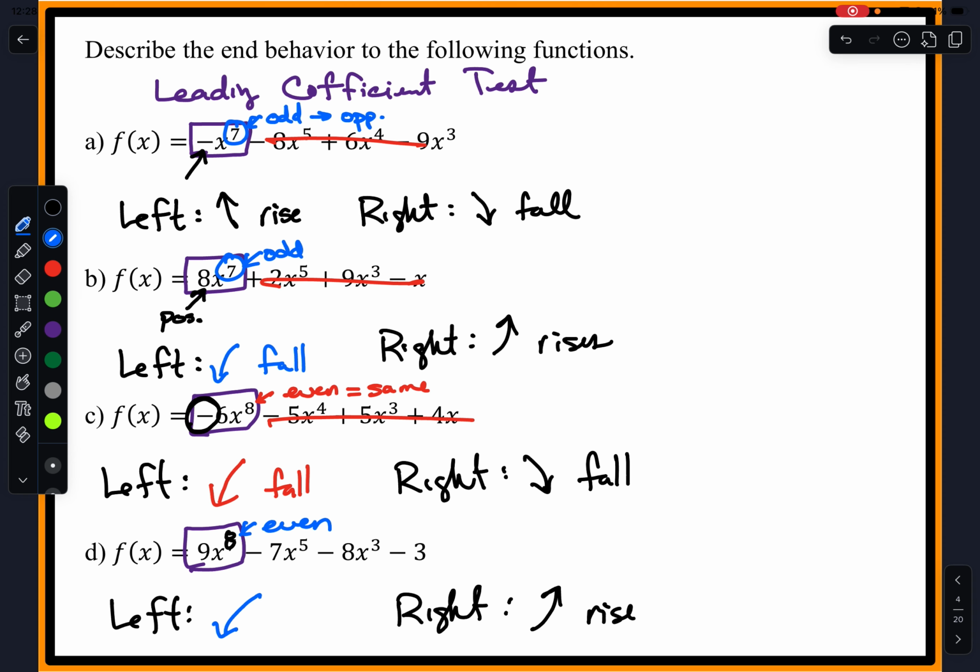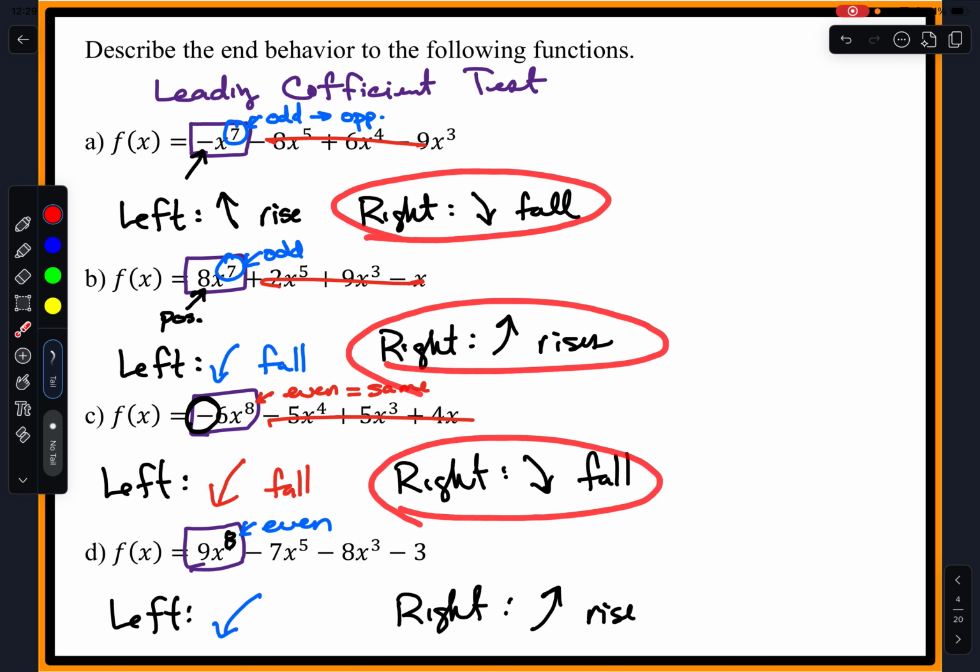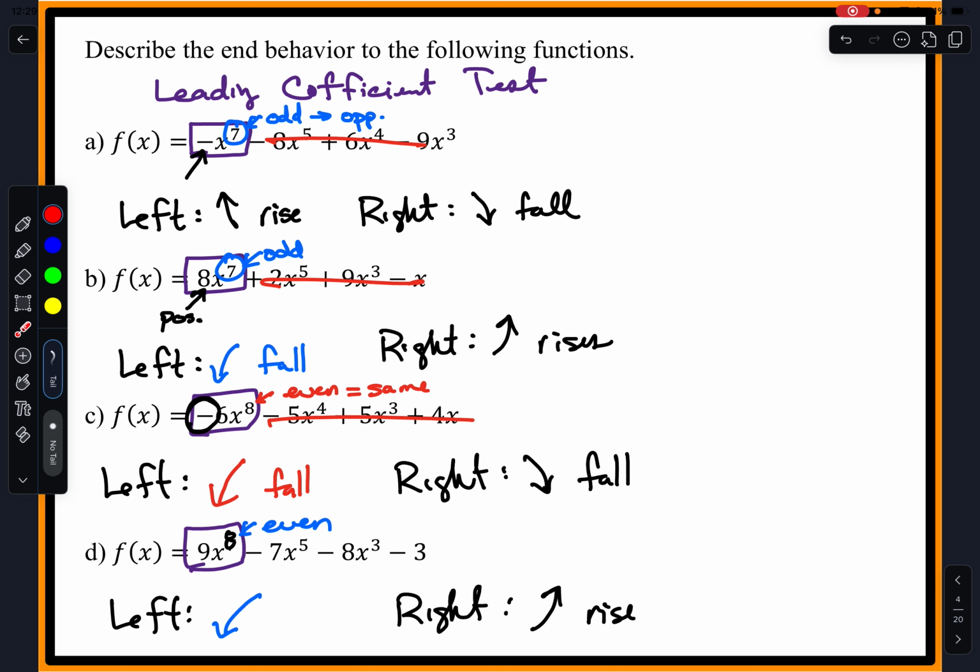So you see, the first term determines the end behavior of our function. I always start by focusing on the right side first and thinking about this as the slope of a line. If you were just analyzing lines and we had negative x plus some number, knowing that this is a negative tells me that the line will move downwards, and that's exactly how the right side moves.